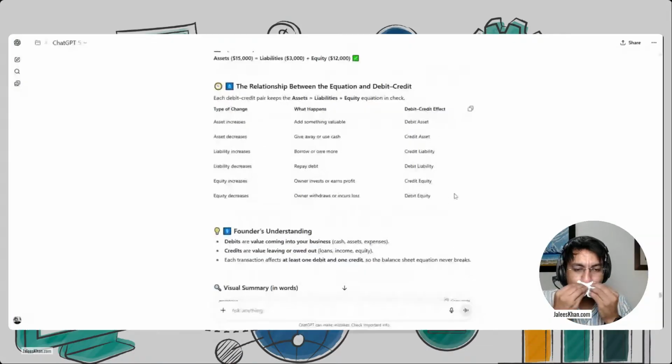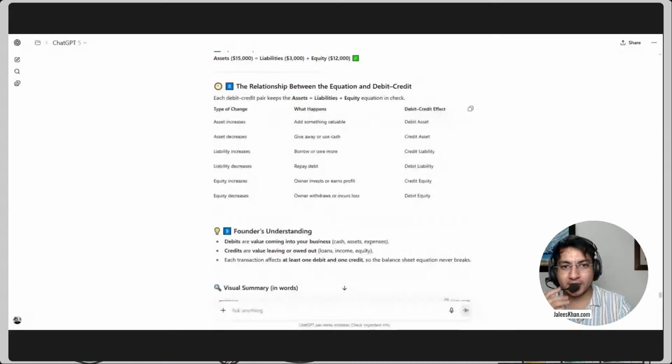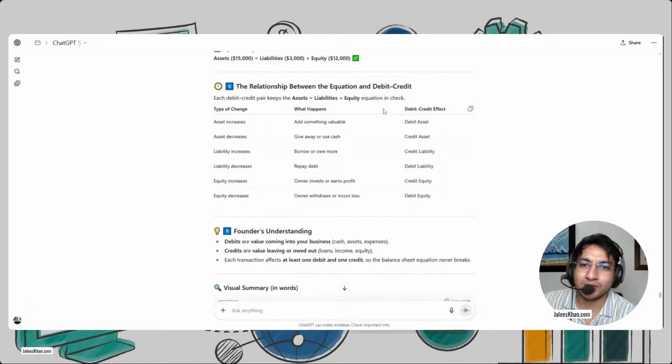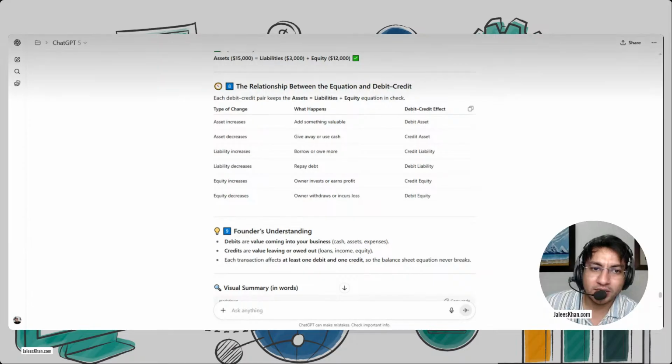Okay, guys. So we are here. The relationship between the equation and debit and credit. Each debit credit pair keeps the assets, liabilities, and equity equation in check. Asset, type of change. Asset increases. What happens? We add something valuable.